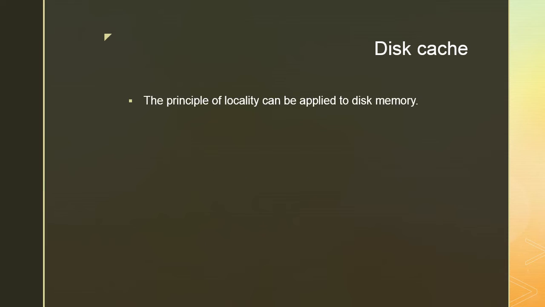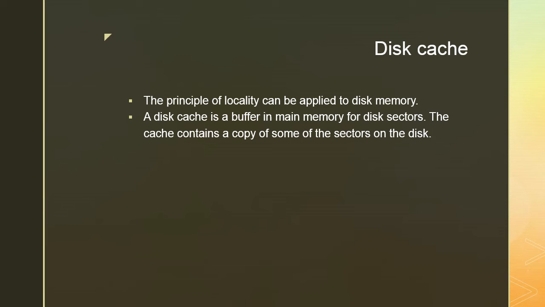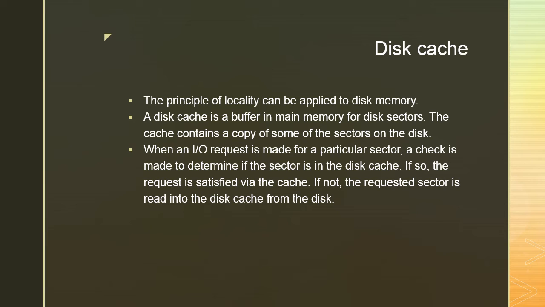Disk cache. The principle of locality can be applied to disk memory. A disk cache is a buffer in main memory for disk sectors. The cache contains a copy of some of the sectors on the disk. When an I/O request is made for a particular sector, a check is made to determine if the sector is in the disk cache.